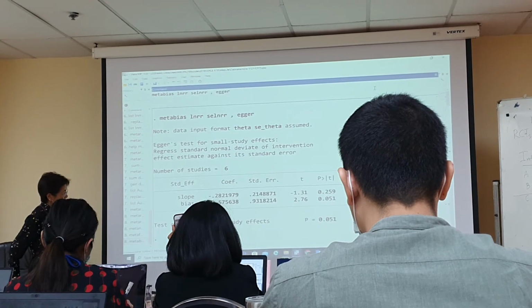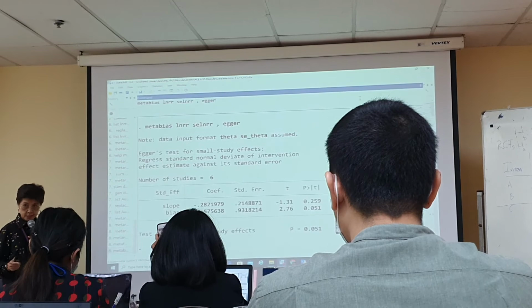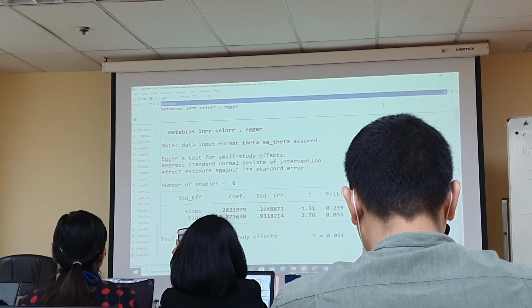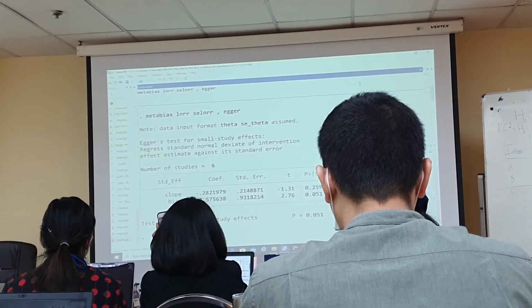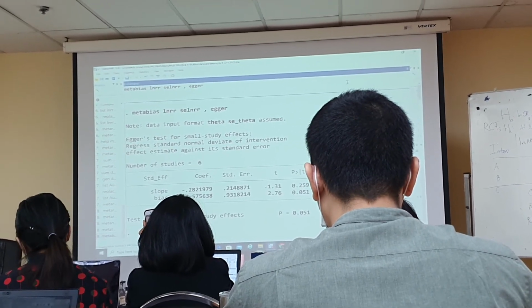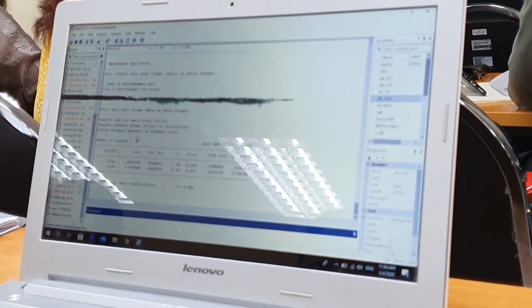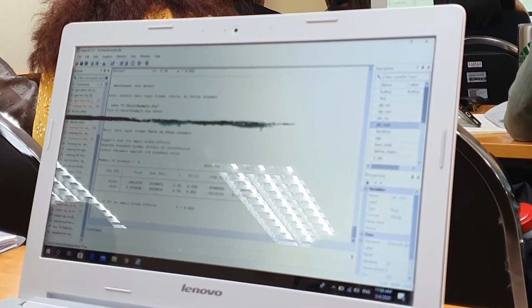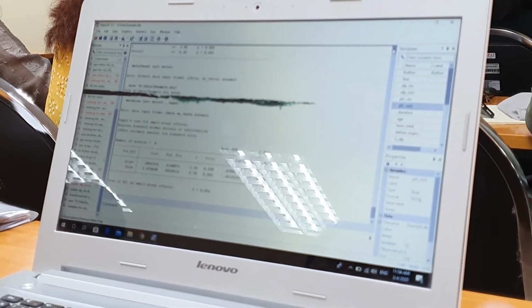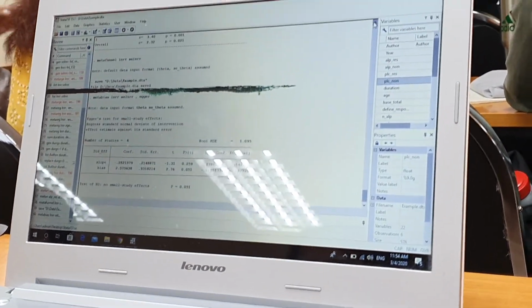So the Egger test tests for asymmetry of the funnel, and it's labeled as no small study effect. But actually it tests for asymmetry. As I explained, from the funnel, the studies that play a role are the studies with very low quality, that is, small study size. So that's why they name it no small study effects.